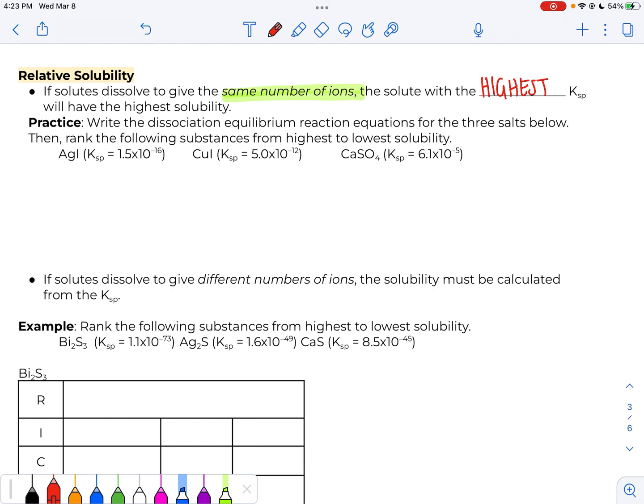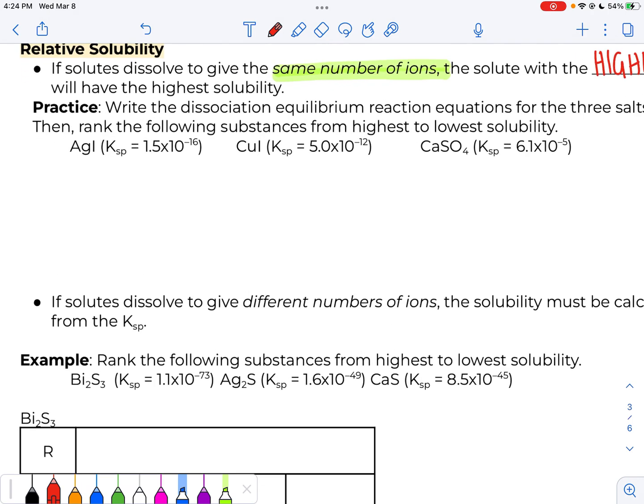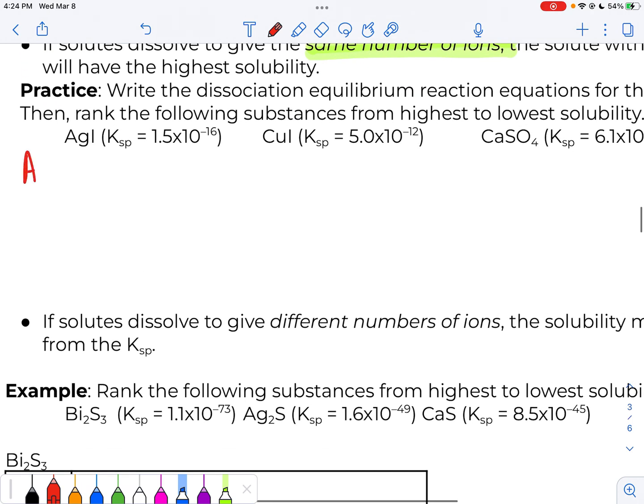So let's practice, see if we can figure out how we can compare these based off of these three salts here. So we got AgI, CuI, CaSO4. So silver iodide will dissolve to produce its ions Ag+ and I-.